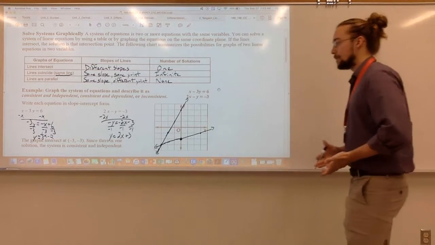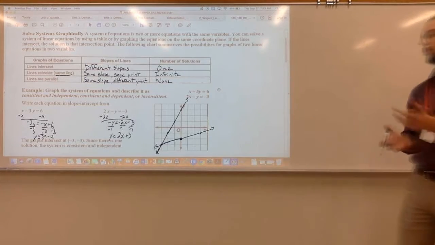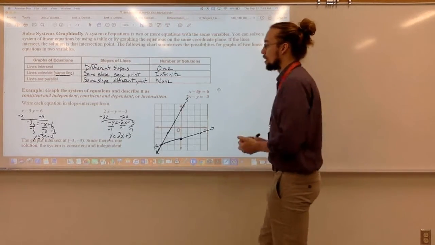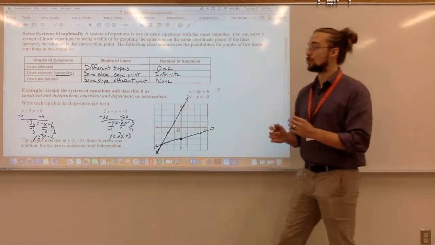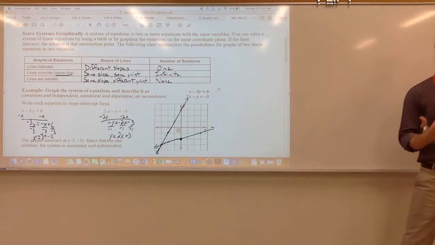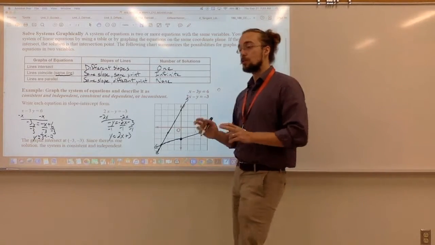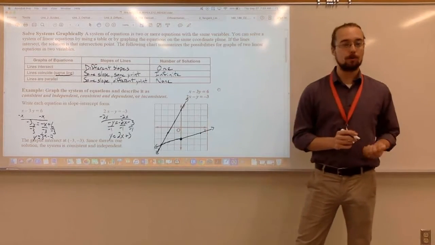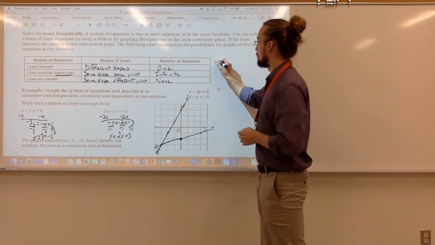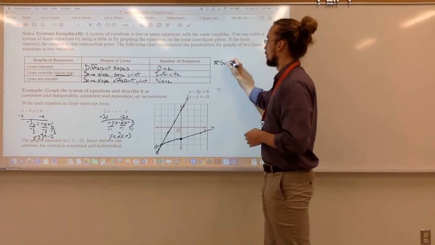So now that we have this system of equations graphed, we can see what our solution is. Remember, the solution is the point of intersection, the place where these lines intersect. So my solution should always be a coordinate point. If you want to make a note of that, that might be a good idea.